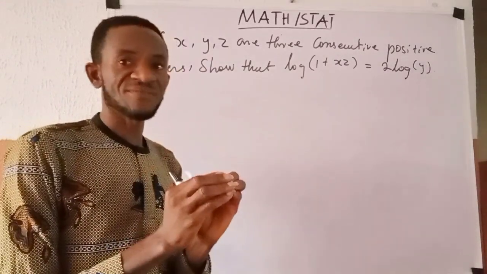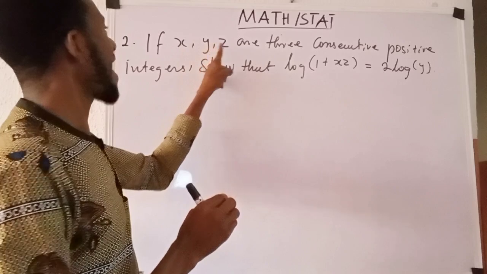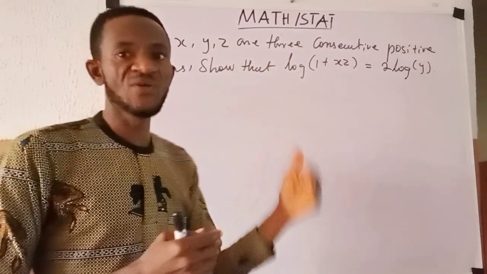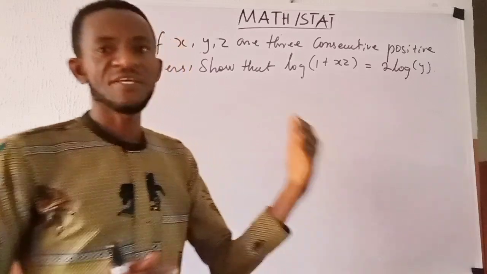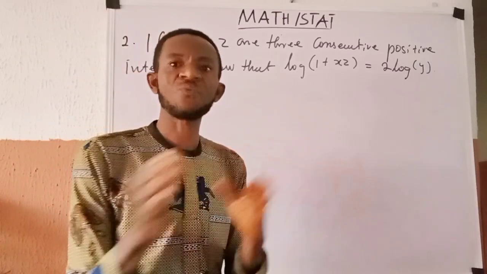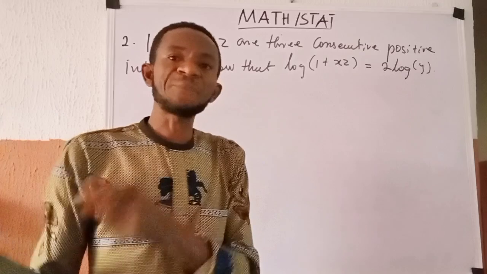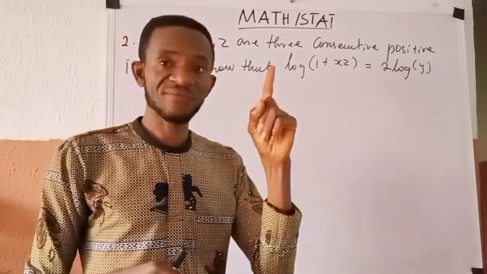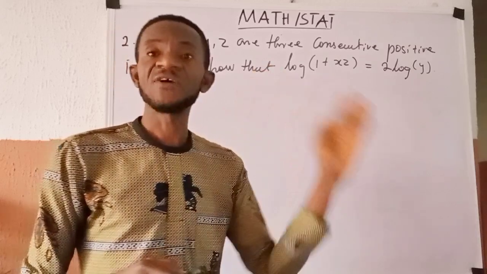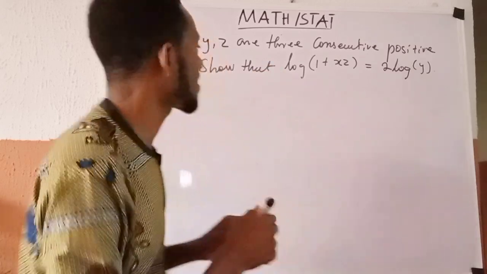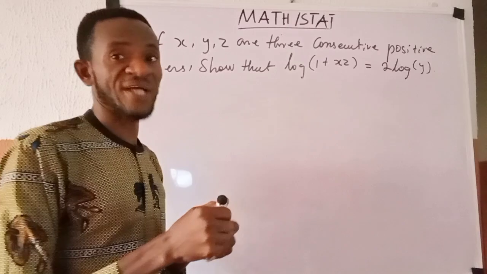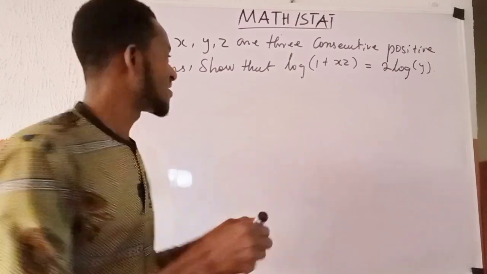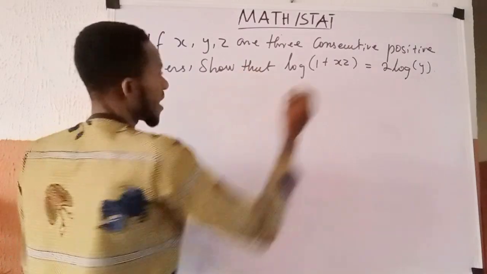I just have information that x, y, and z are three consecutive positive integers. And you know that consecutive numbers are, if you have consecutive numbers x and y, y is greater than x by 1. That's what they mean by consecutive numbers. So if you write 3 consecutive numbers and you want to begin with x, the easiest way is to write it as a word of solution.